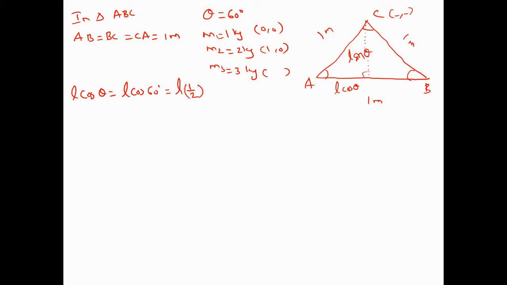Yes, cosine 60 is half. Okay, now we can see this L and this L get cancelled. So this cosine theta stands for the x position. Am I right? So what is the value of the x component of mass 3? It is exactly half. Am I right?